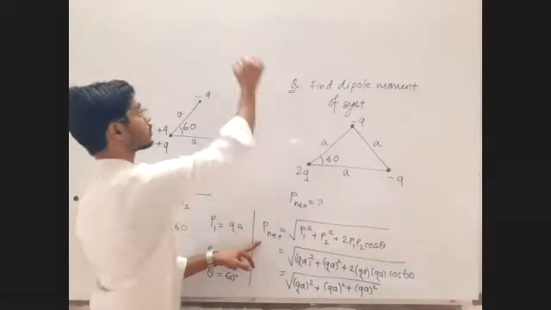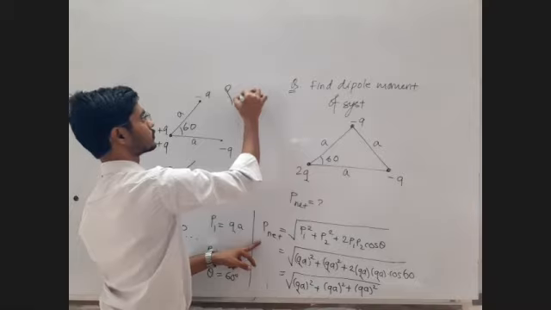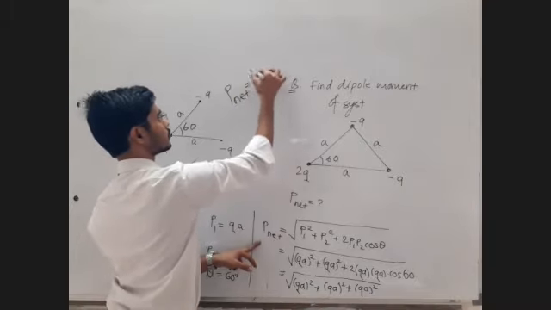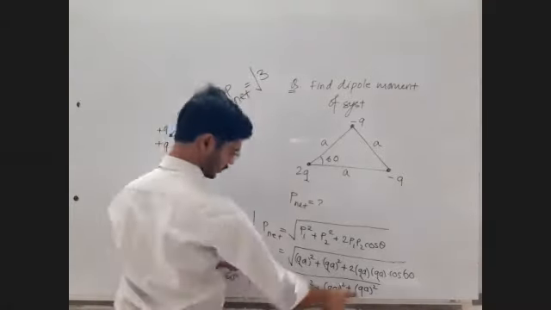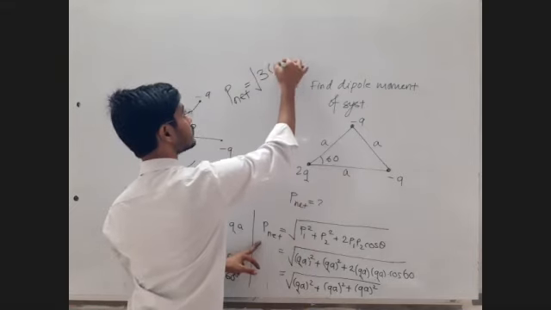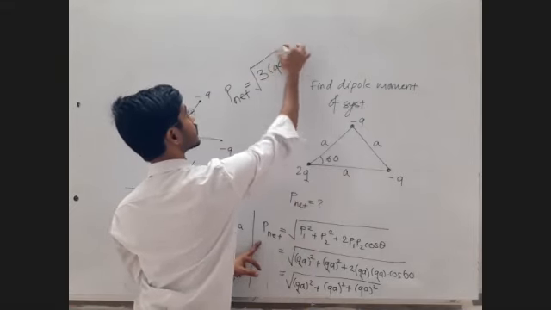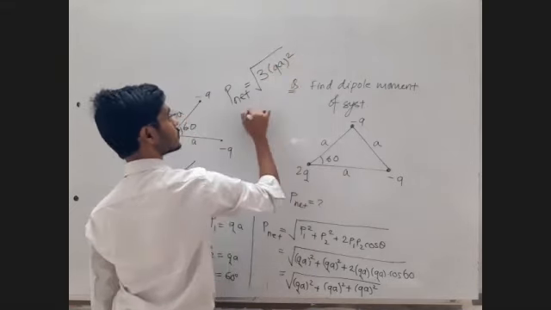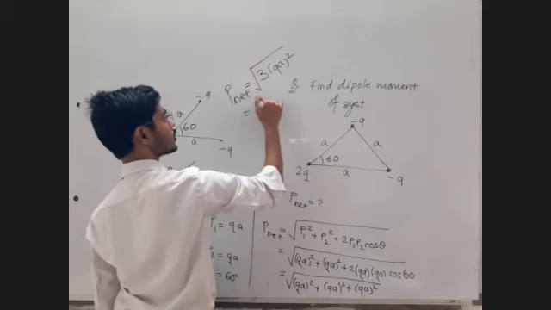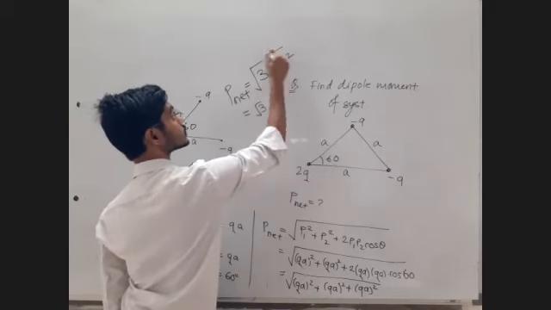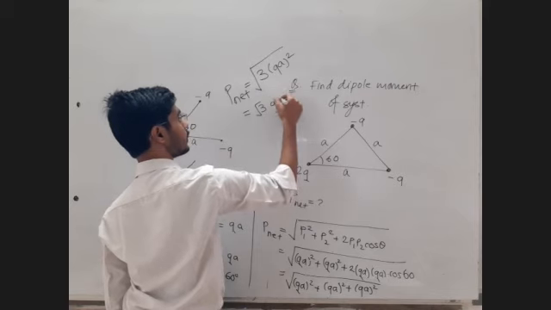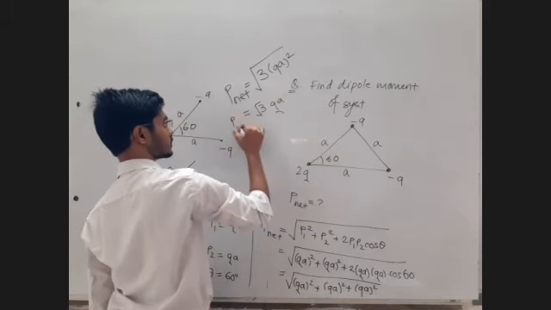So the net dipole moment is 3 times q into a bracket square, under root. Square and square root cancel for the qa term, leaving the square root of 3. So the answer is root 3 times q into a.